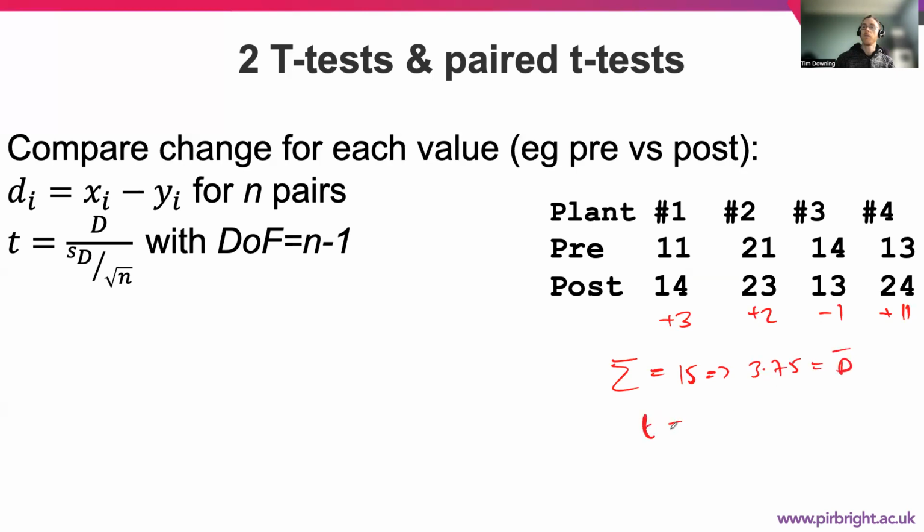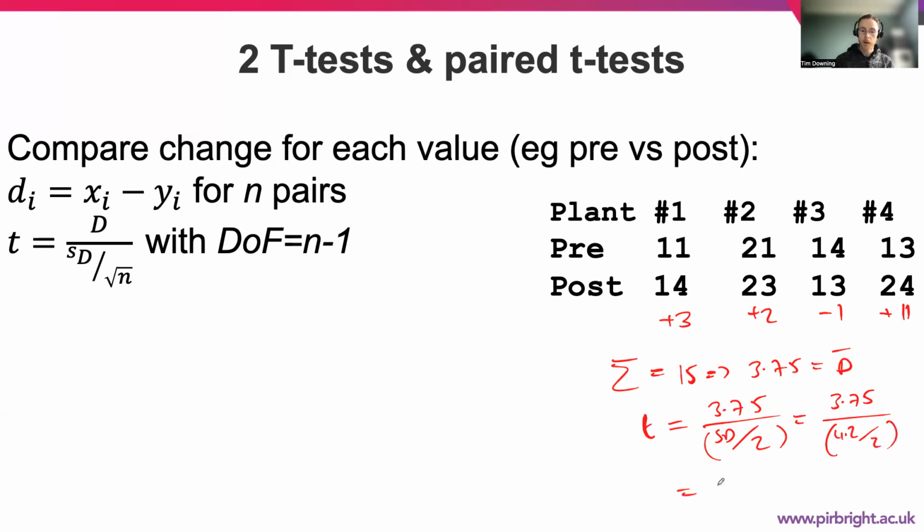And then our t value, therefore, is going to be 3.75 over the standard deviation divided by 2. So that's going to work out as 3.75 over about 4.2 approximately for the standard deviation, divided by 2.